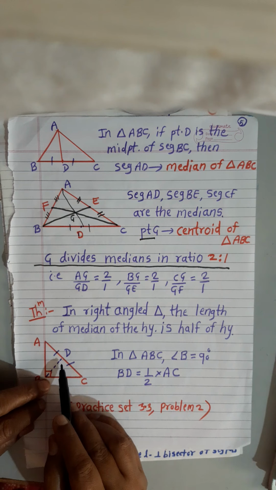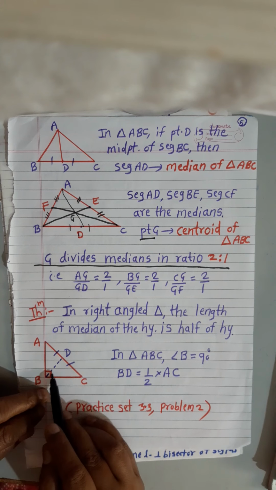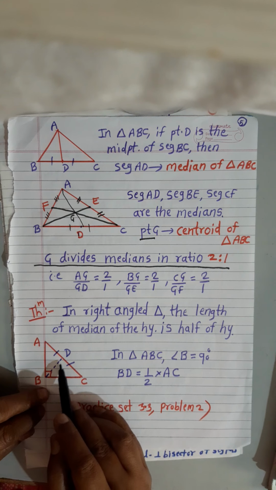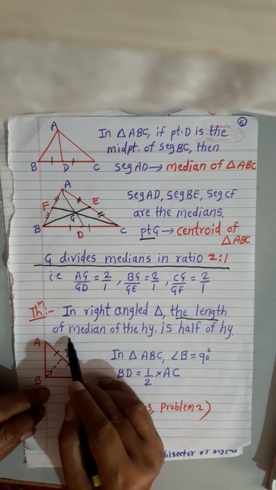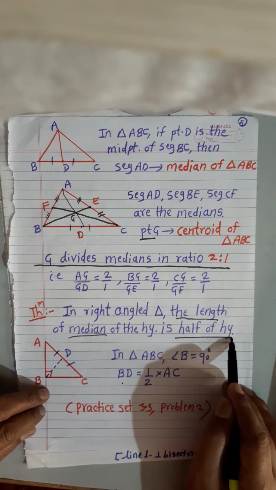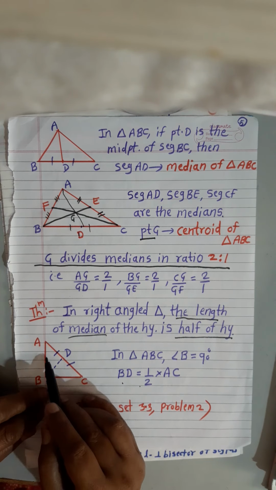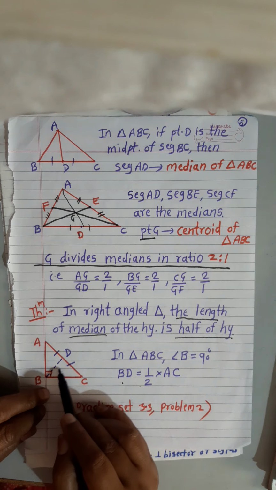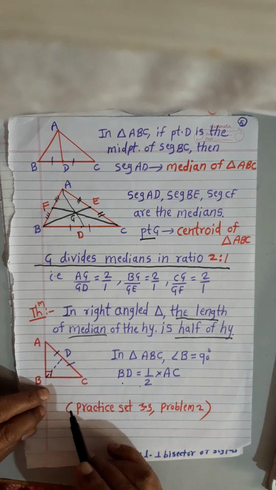And now, take D as the midpoint of AC. Therefore, BD will be the median. What we have to prove? The length of the median BD is half of the hypotenuse. In a right angle triangle, the length of the median is half of the hypotenuse.